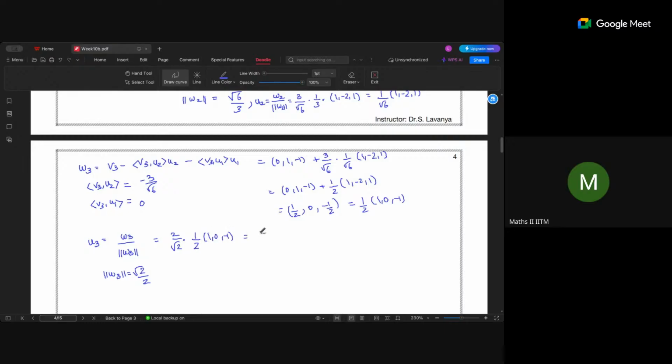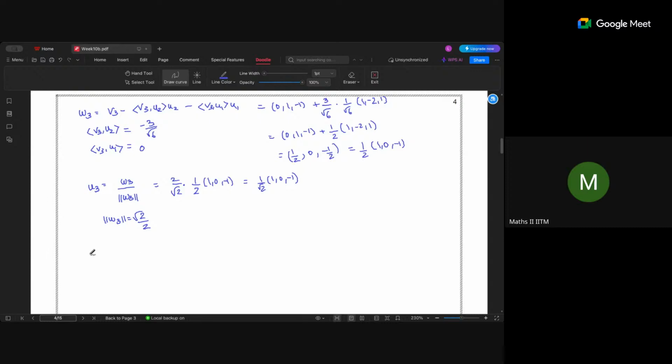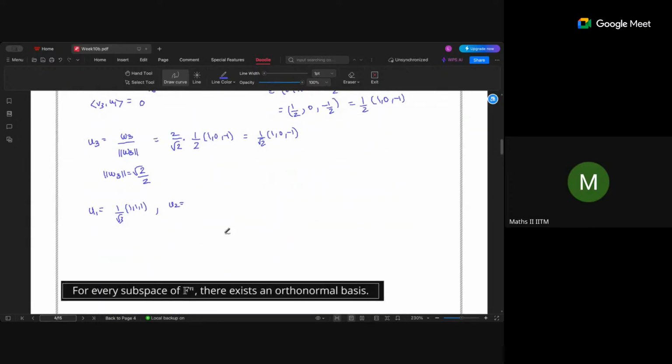So you have 1 by root 2, 1 0 minus 1. So what is the final set of answers you are having? U1 equal to 1 by root 3, 1 comma 1 comma 1. U2 equal to 1 by root 6, 1 comma minus 2 comma 1. And U3 equal to 1 by root 2, 1 comma 0 comma minus 1.